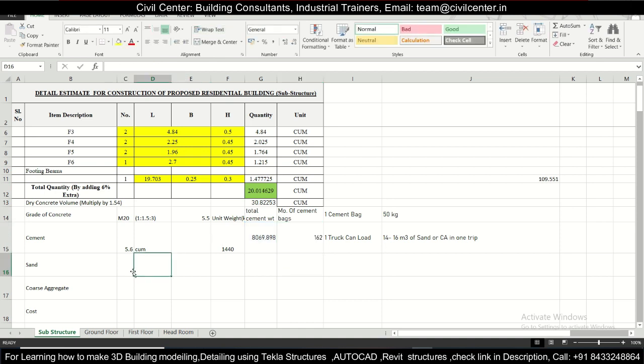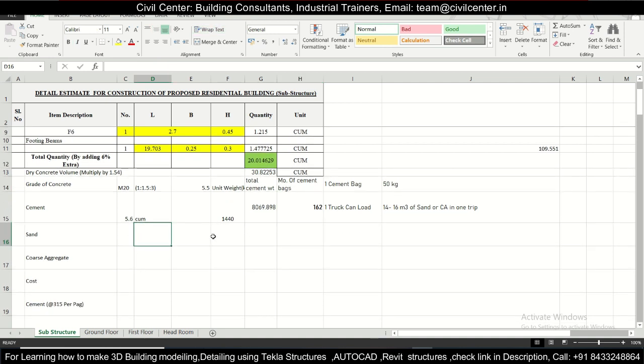Okay, so next we can bold this, because cement we are going to purchase in bags. So this is the total bags of cement which we need to purchase for this particular work. And for the sand, we'll use the same formula for the sand and coarse aggregate as well.